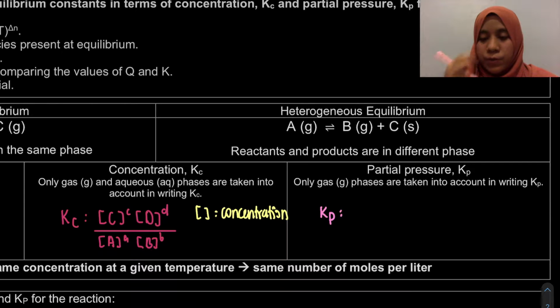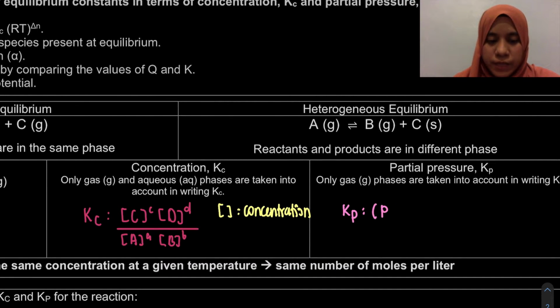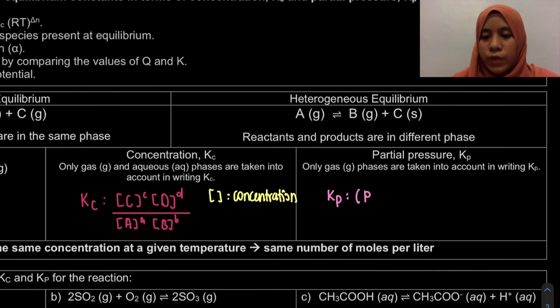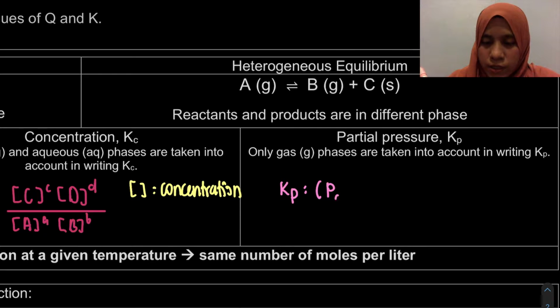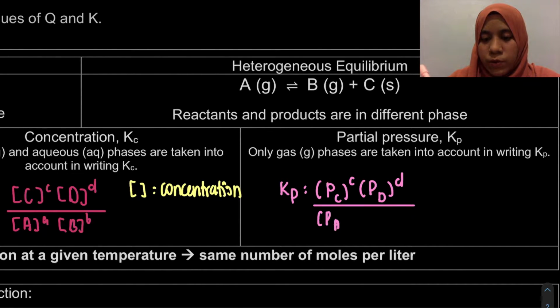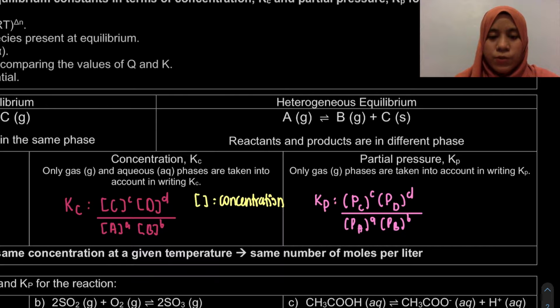So for Kp we use normal brackets with a capital P, and then we do product over reactant again. Our products are C and D. So now we write P of c to the power of C, then pressure of d to the power of D, divided by pressure of a to the power of A. Here it is a little different: the capital letters C and D are for the stoichiometry powers, and the species is written in subscript, in small letters. So that is for Kp.